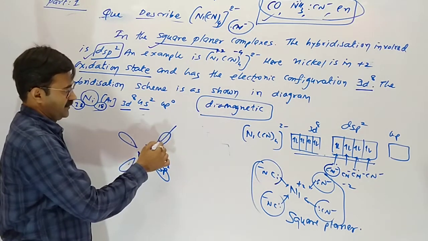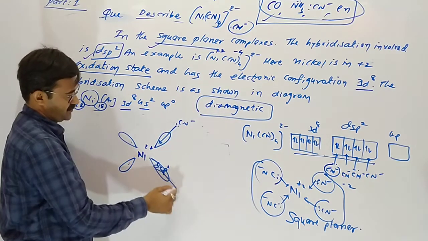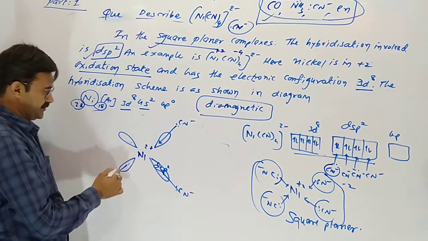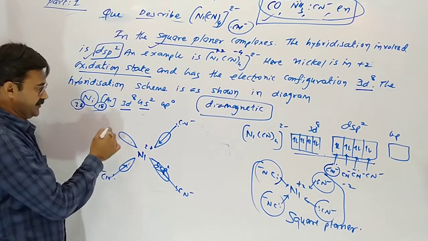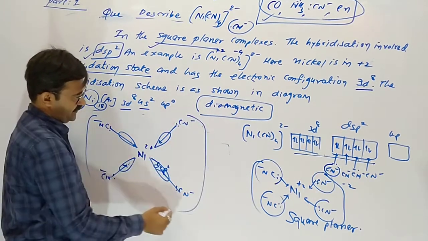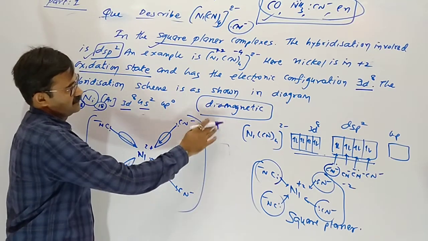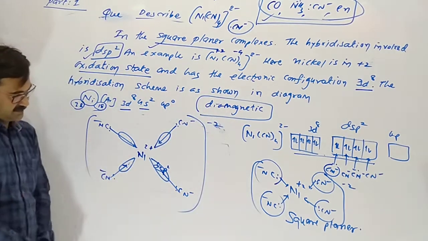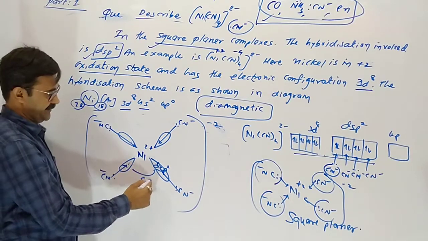Clear? Now cyanide comes on the corner of this square and donates an electron pair to the metal, combining with a coordinate covalent bond. So it is square planar, and the angle between them is 90 degrees.